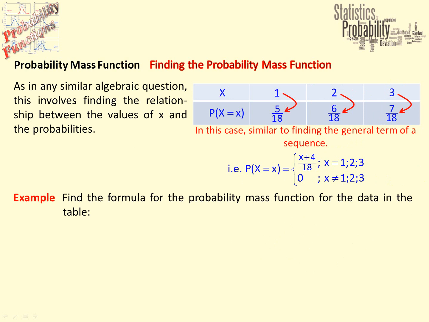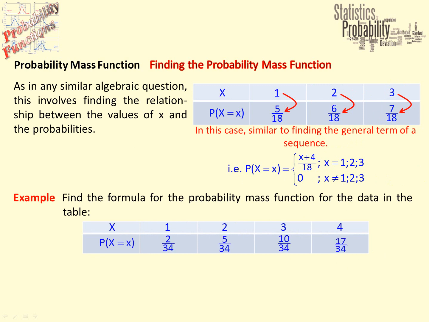So an example, find the formula for the probability mass function for the data in the table. There we are. Now if you have a look at this, you'll see that they're all over 34, so I can concentrate on the numerators here and say, well, what's the pattern 2, 5, 10, 17? That's a sequence.